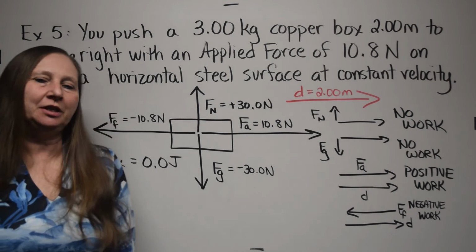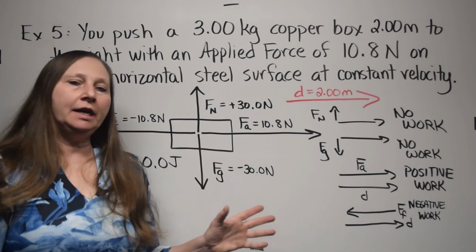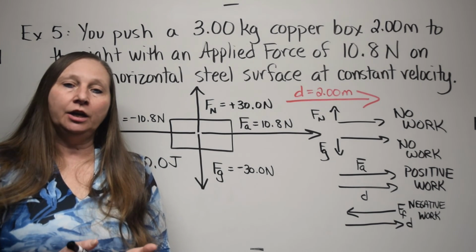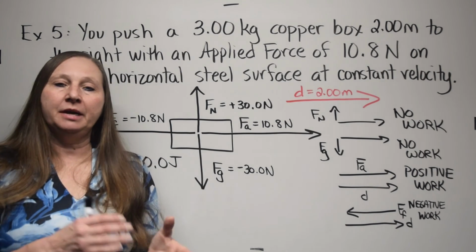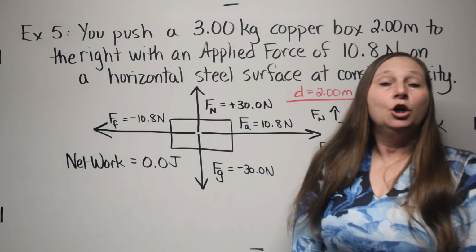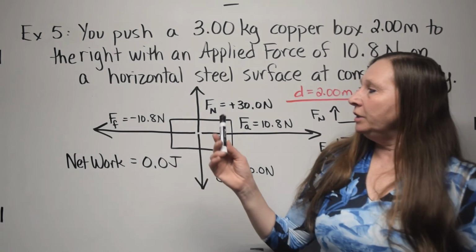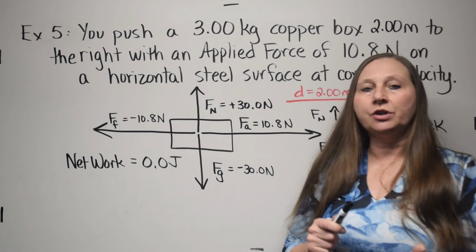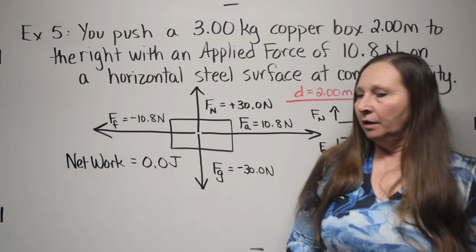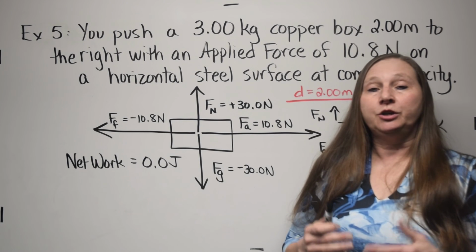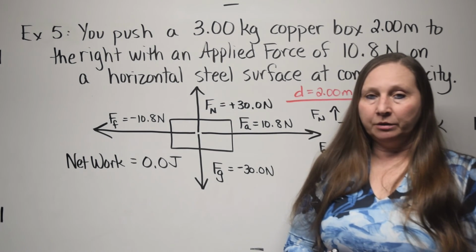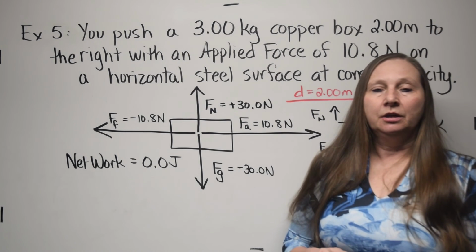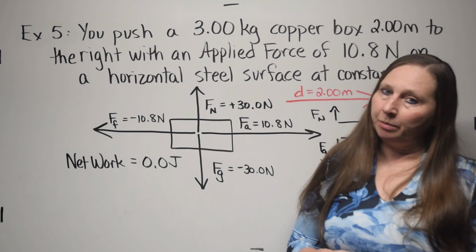So this was an introduction to looking at a problem, getting it started, deciding what force may or may not be doing work. Just remember, you want to draw a free body diagram, put all of the forces on the object. Then you want to see if the object moves. If the object moves, then write down also what the displacement is, the magnitude and direction of the displacement.